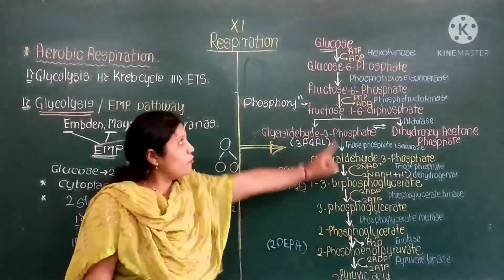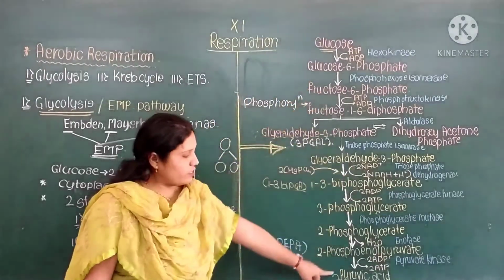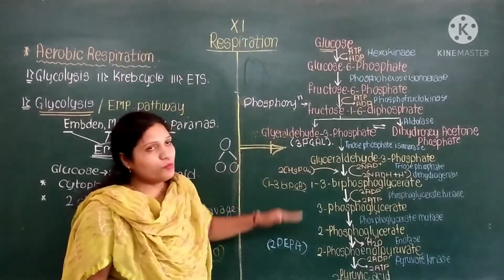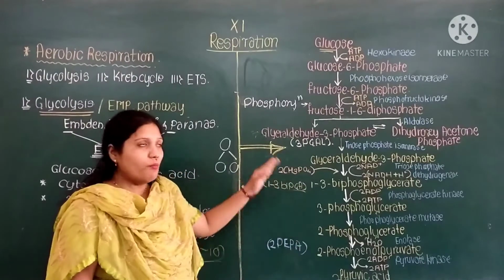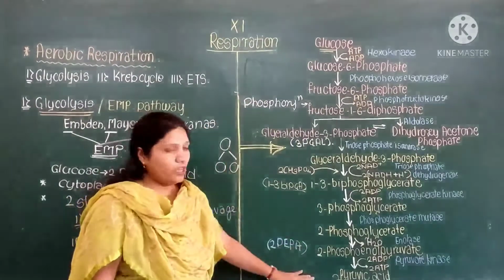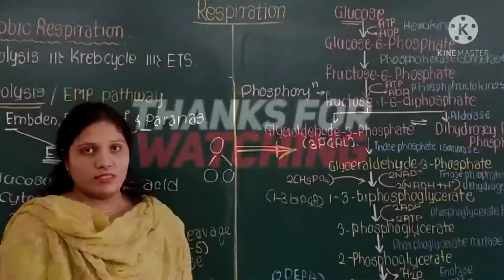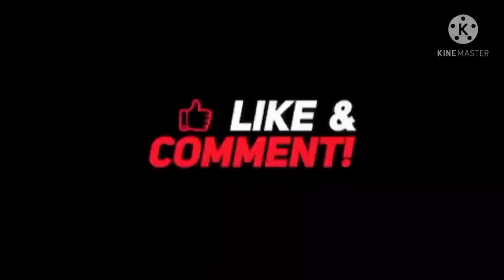At the end, from one glucose molecule there is a formation of 2 pyruvic acid. So this is the systematic enzymatic breakdown of glucose into 2 pyruvic acid, and that's why this is known as glycolysis.